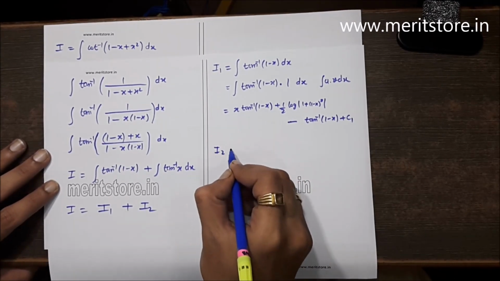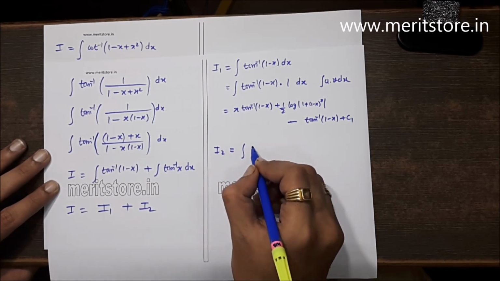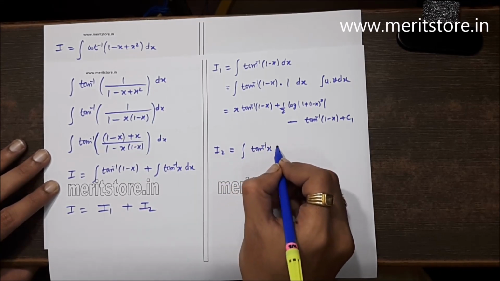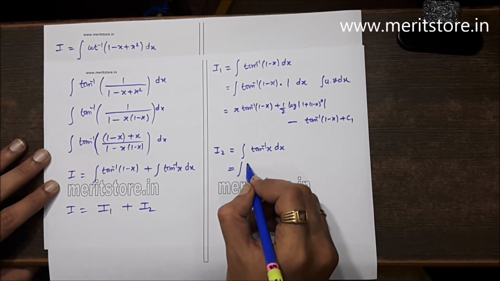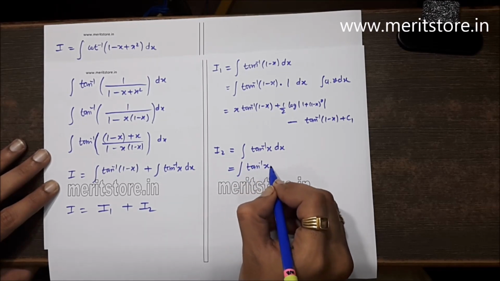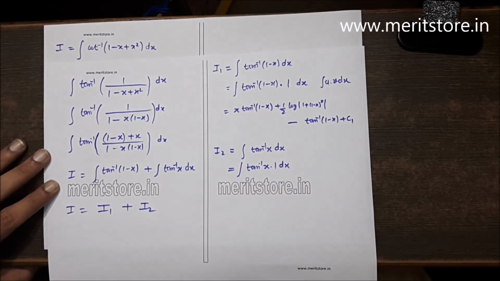Similarly, for I2, the integral of tan inverse of x dx, we'll write this integral as tan inverse of x into 1 dx.